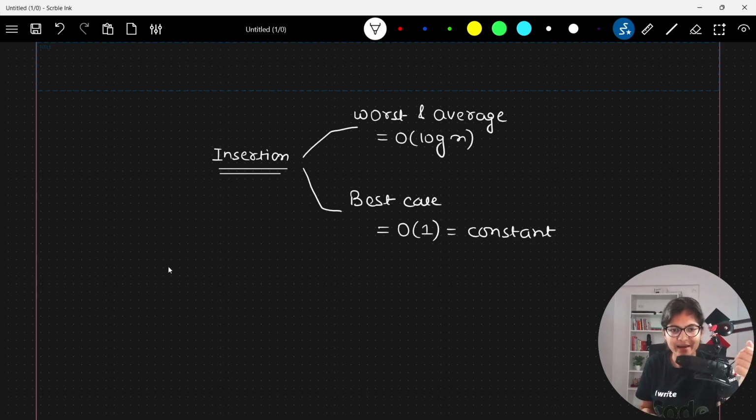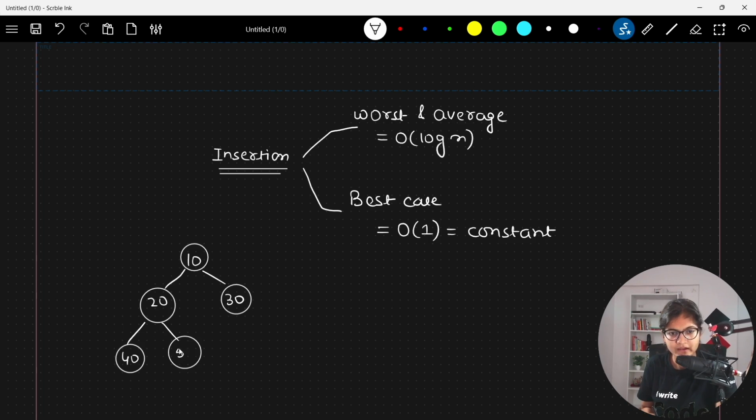Because, for example, suppose I have a Minheap with 10, then 20, then 30, then 40, then 50, then 60, and now a new element comes into the picture whose value is 65. Now here, if you try to observe, what will happen? Obviously the element 65 will be stored at the very last index, which is the 6th index.